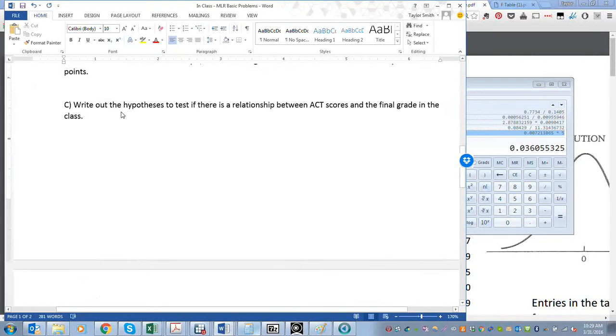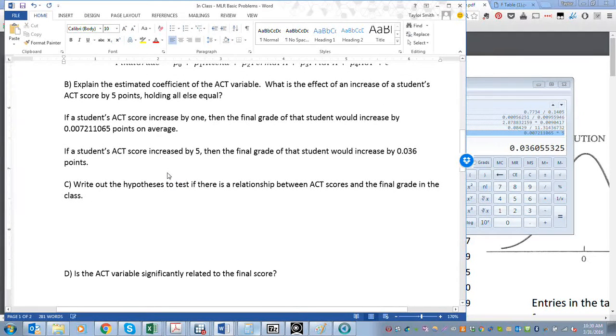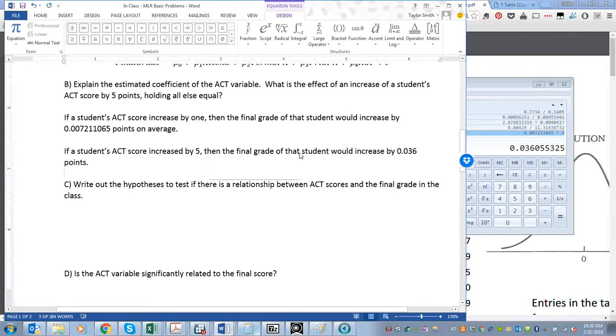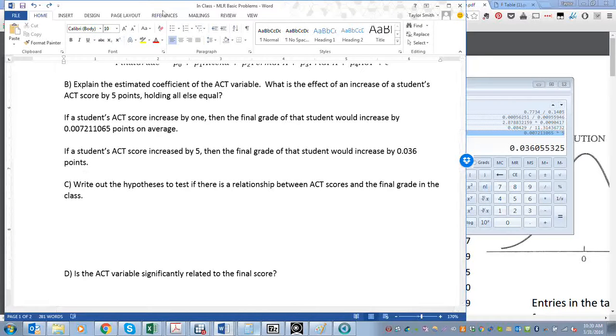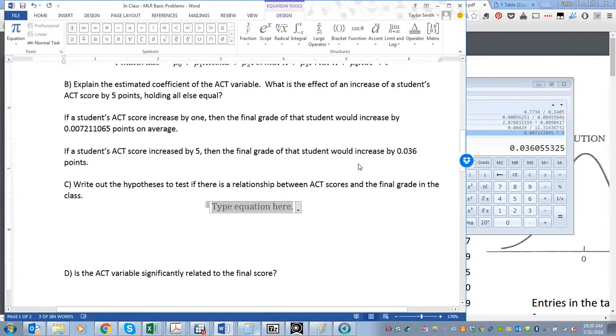All right, part C, write out the hypotheses to test if there's a relationship between ACT score and the final grade in the class. Again, I'm going to use Word's equation editor so that we can easily see it in the right way, since I can't write directly on here. But again, on the test, you'll just do this by hand.